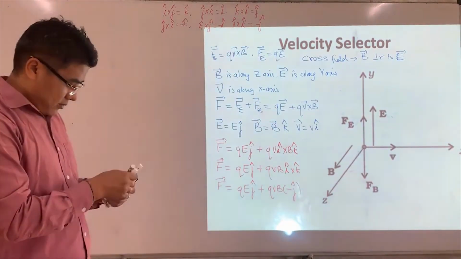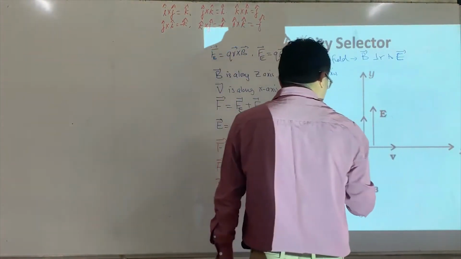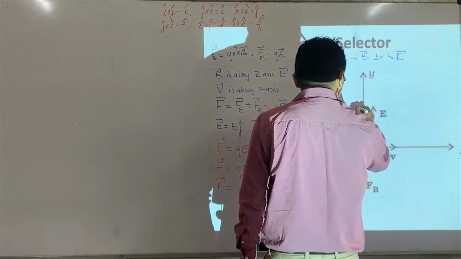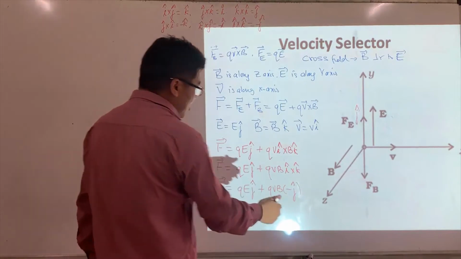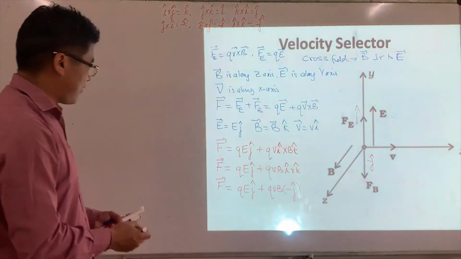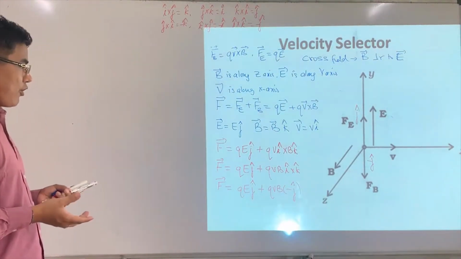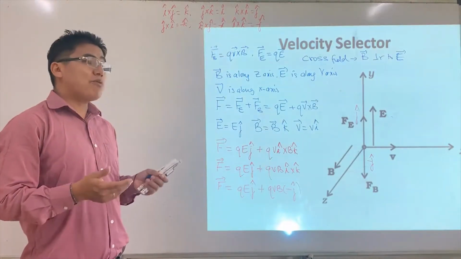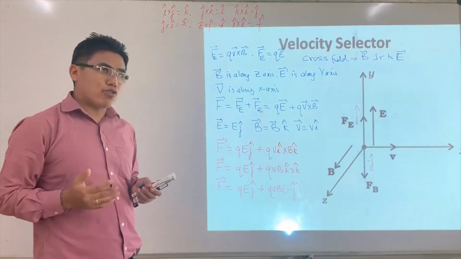So look here. I am going to show the direction of the electric force and magnetic force. The electric force is up, along j cap, and the direction of the magnetic force is down. This is minus j cap, right? Now, looking at these equations, whichever force is greater, the charged particle bends towards that force.